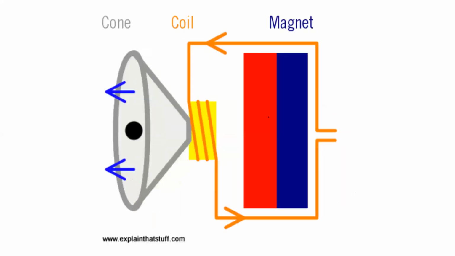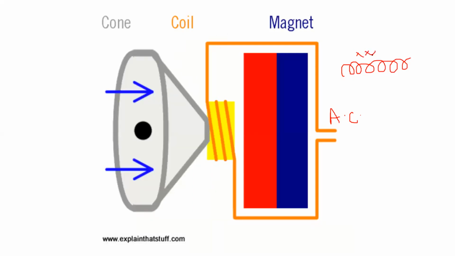Then you have loudspeakers. In loudspeakers, you have alternating current, which means that current flows in two different directions. So you have two cases, one in which your current is flowing like this. Now, since it's alternating current, current will also flow like this.